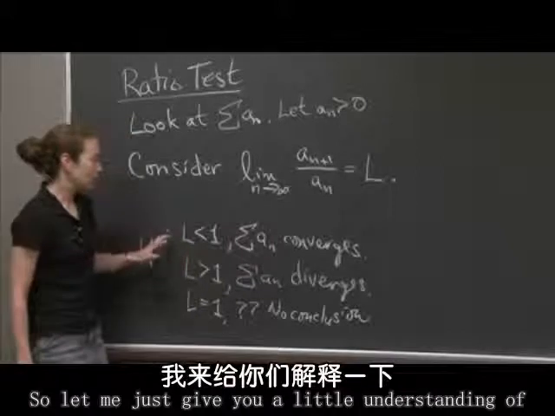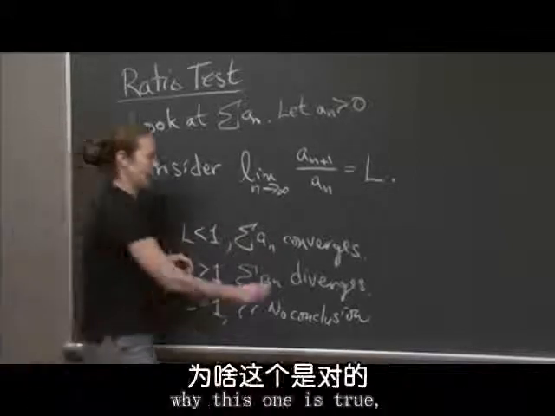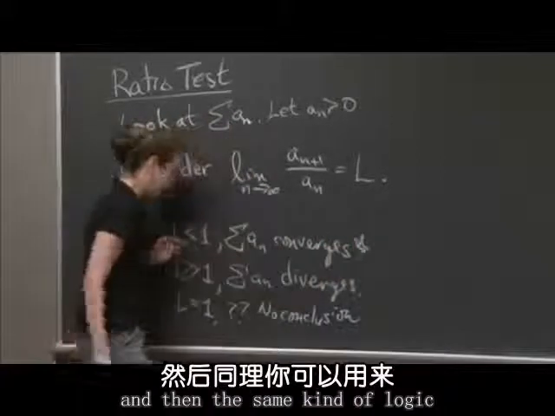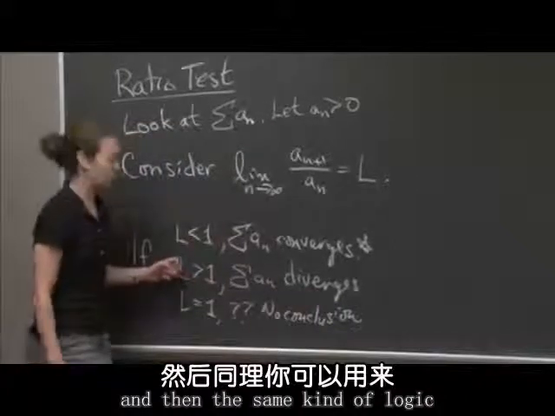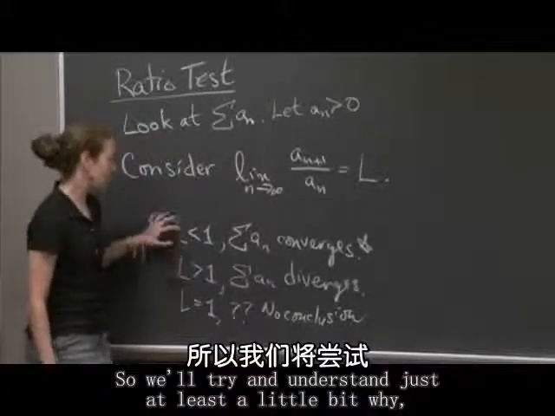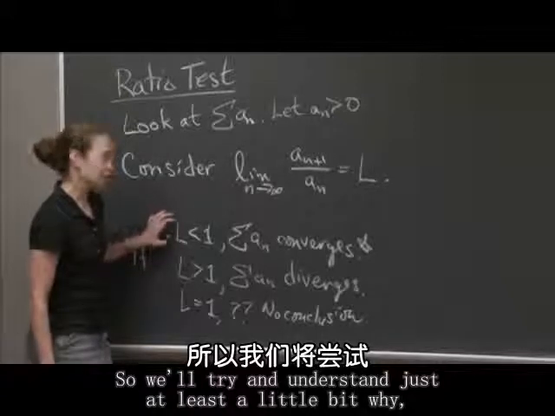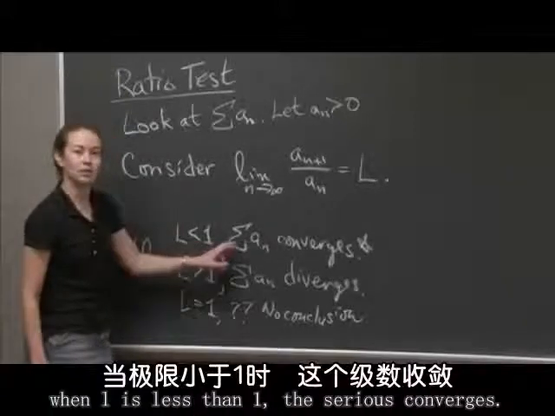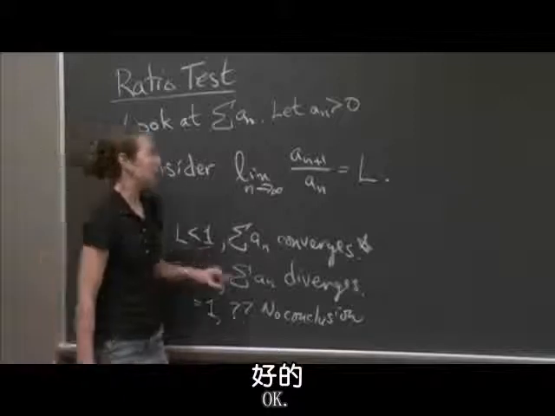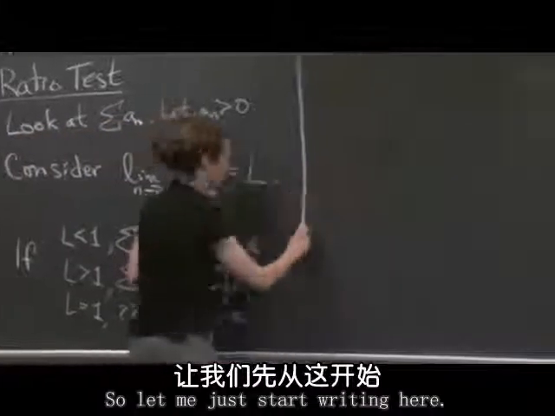Let me give you a little understanding of why this is true, and then the same kind of logic can be used for the second one. So we'll try to understand at least a little bit why, when L is less than 1, the series converges. Let me start writing here.